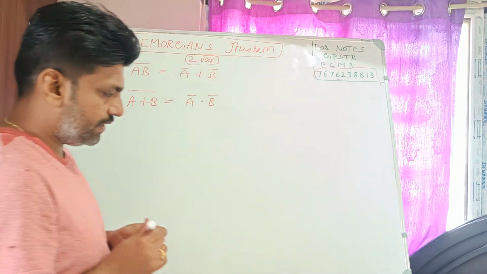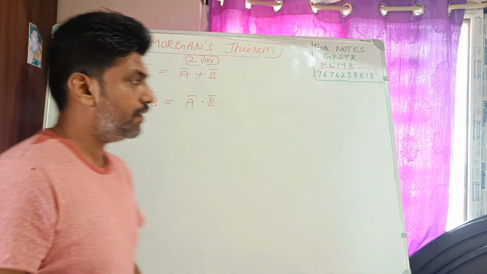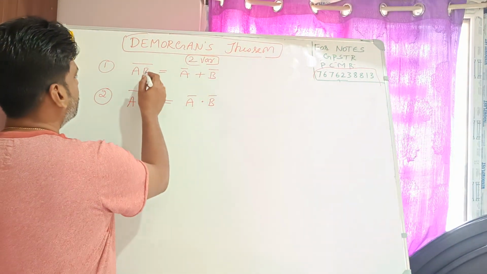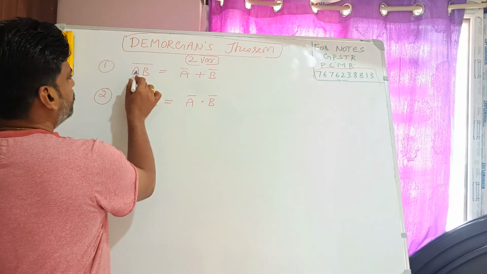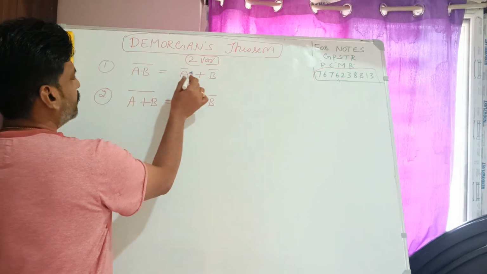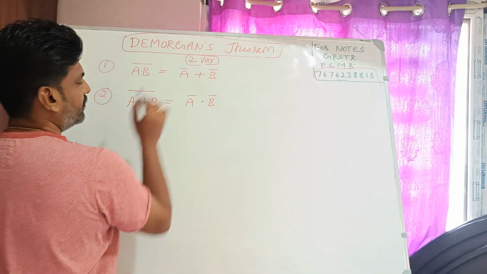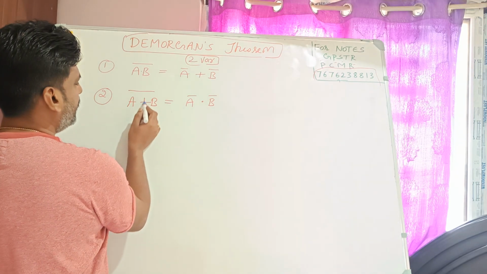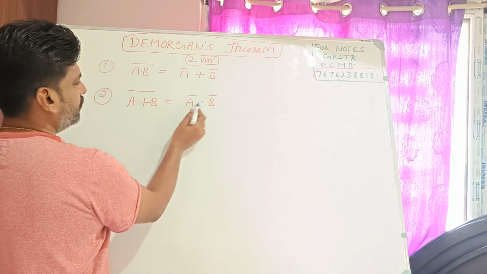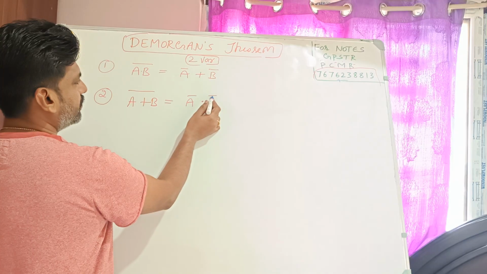So it's very simple. You can just go through these two formulas of De Morgan theorem. The first De Morgan theorem: the complement of the product is equal to the sum of the individual complements. The complement of the sum is equal to the product of the individual complements.